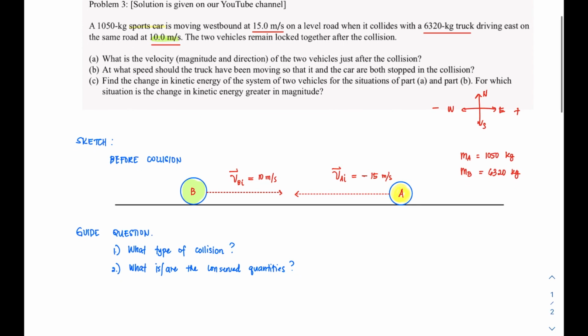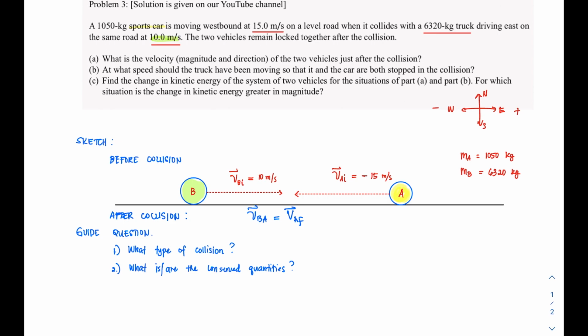Now, ideally, as I've said in class, the ideal thing is to sketch what happens after collision. But in this case, the thing that we need to note is that after collision, the final velocity of sports car A is just equal to the final velocity of the truck, which we denoted as B. So this is one of the things that you should note about the final collision situation.